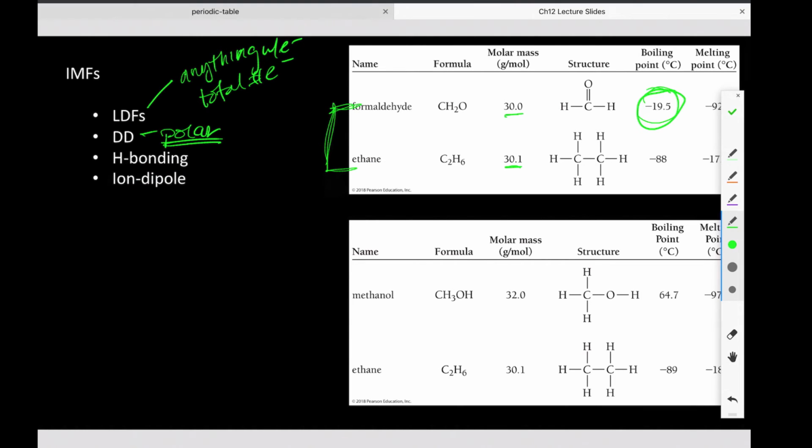The boiling point of formaldehyde is much higher than ethane, which then, even without their structures or their formulas, would lead you to conclude, right, the attractive forces of formaldehyde are greater, yes? The fact that it has a higher boiling point, if you knew nothing else, tells you that the attractive forces are greater. Then if we look at the formula and the structure, we can see, oh yeah, I can see that.